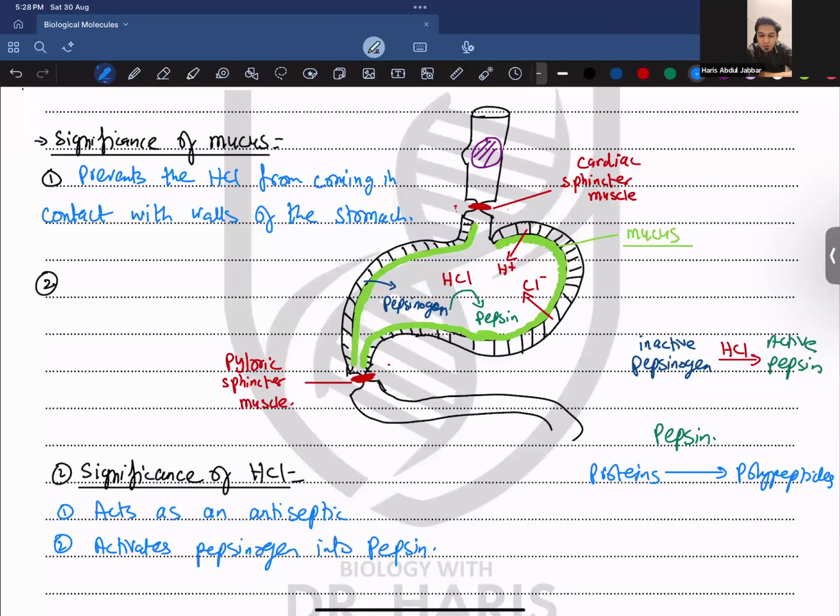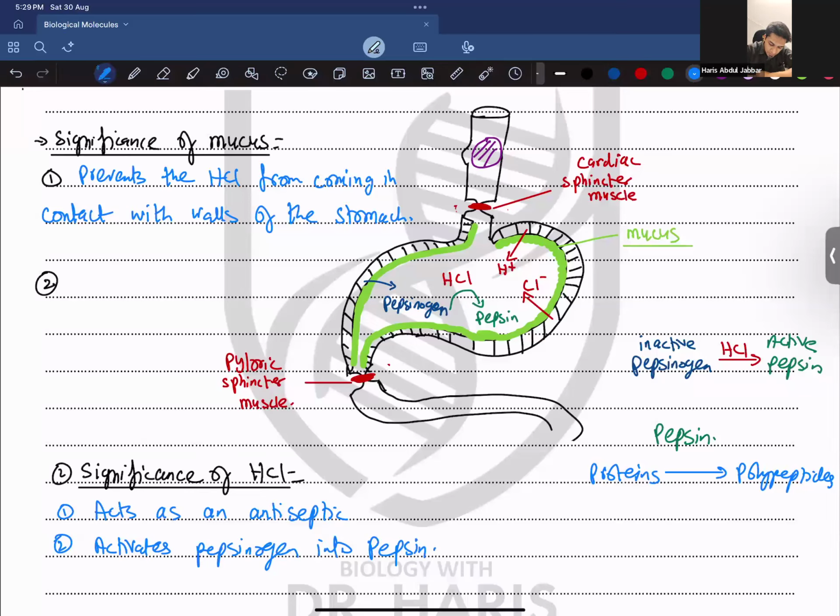दूसरी चीज क्या होती है? कि pepsin is digesting proteins, right? Your stomach is also made up of proteins. Do you want your stomach to be digested? No. So the walls of the stomach, which are lined with mucus, are also preventing the pepsin from coming in contact with the stomach walls. अगर पेप्सिन स्टमक वॉल से कांटेक्ट में आ गया तो फिर क्या होगा? स्टमक वॉल्स भी क्या हो जाएंगी? डाइजेस्ट हो जाएंगी, राइट? अगेन वी डोंट वांट दैट.